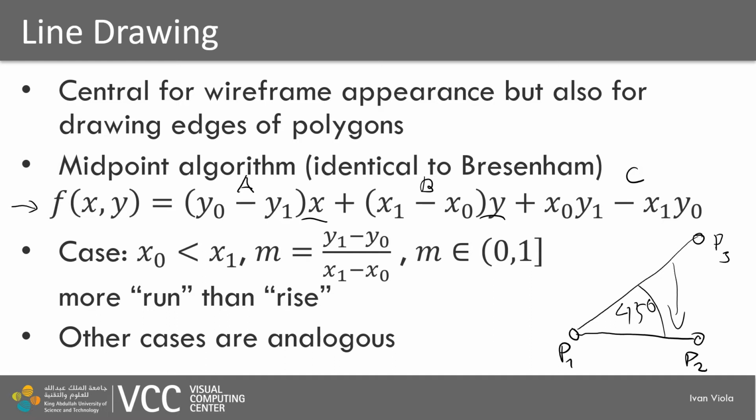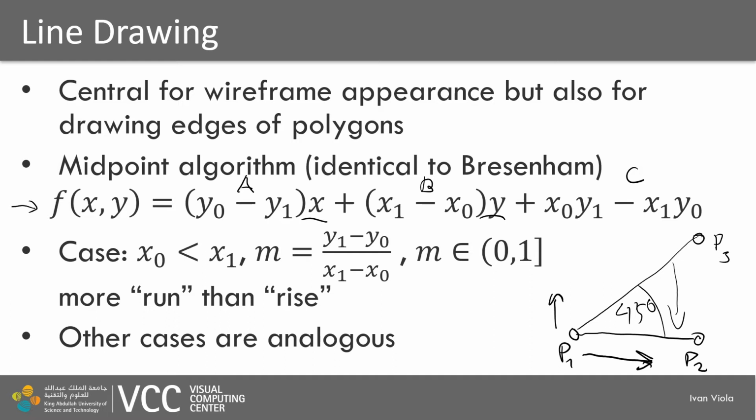So in this case, our lines are characterized in that they more run than rise. The horizontal component of our line vector is longer than the vertical one.